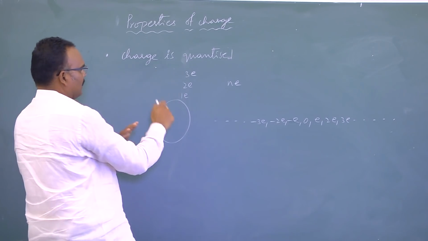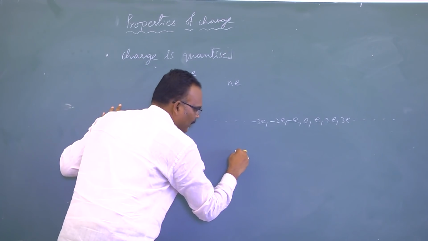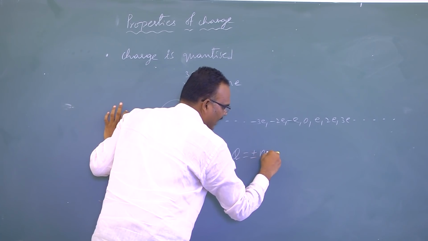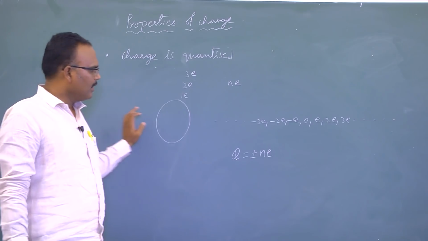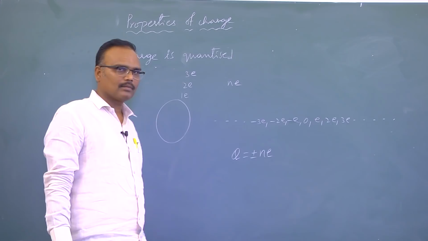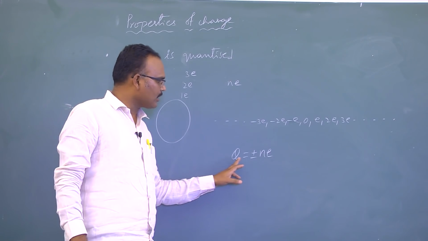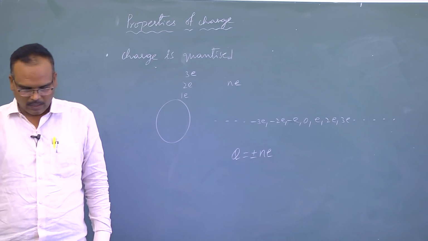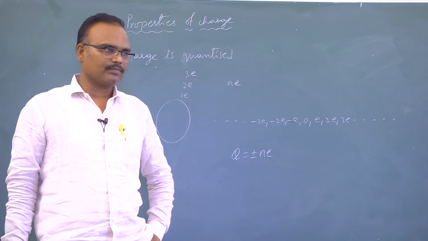From this quantization of charge, we can write the expression for charge: Q is equal to plus or minus Ne. If the body has positive charge, then Q is equal to plus Ne. If it is a negatively charged body, then Q is equal to minus Ne. From this expression, we can even define the SI unit of charge, that is Coulomb.